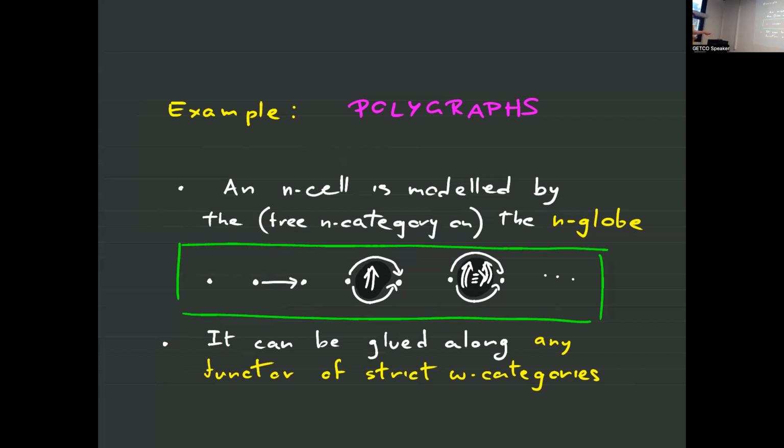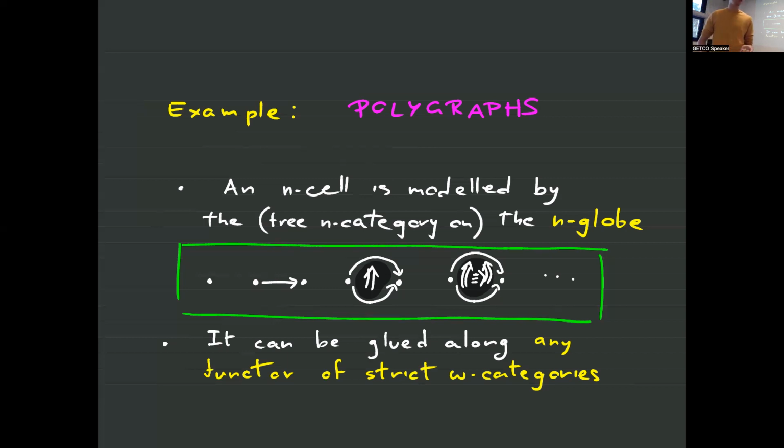These are the shapes that underlie globular sets, if you've seen that. So this is how you can represent the first few n-globes. And once you can see these n-cell objects inside n-categories, then you can use functors of strict n-categories to glue them together.